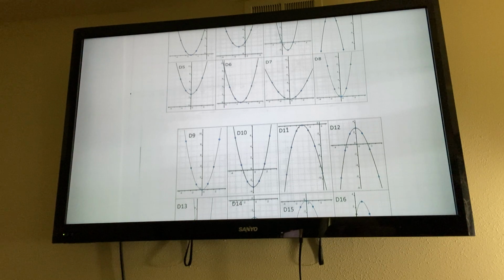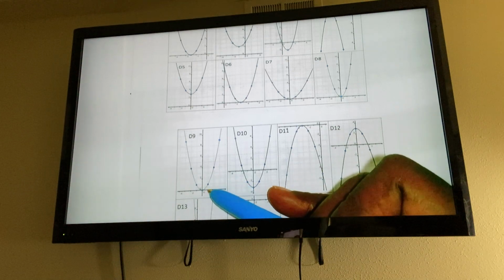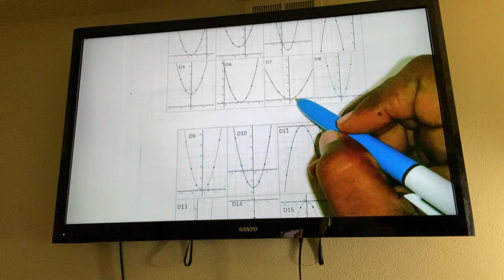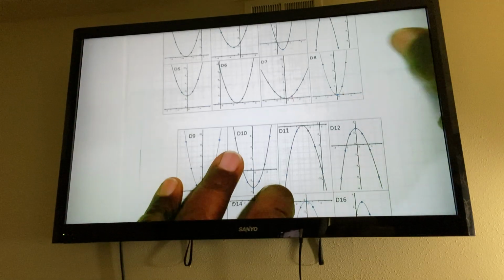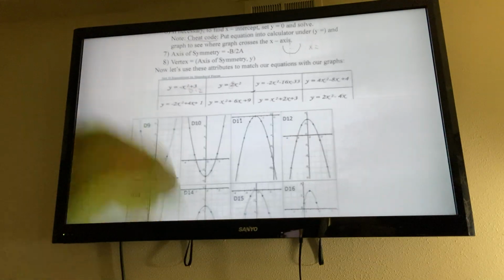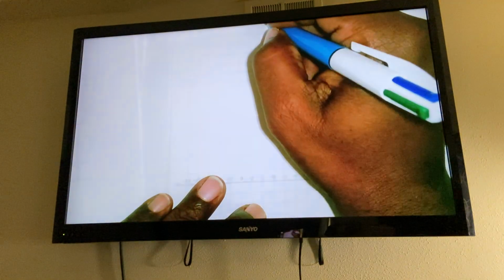Okay, let's plot some critical points. We see that when x equals 1, all three graphs are different. So let's plug in 1 to our equation. We'll go back to our scratch paper, and we're dealing with the graph this time of y equals 2x squared.